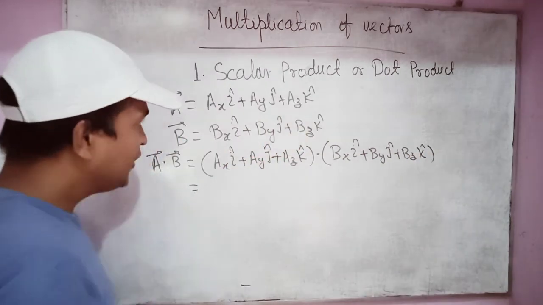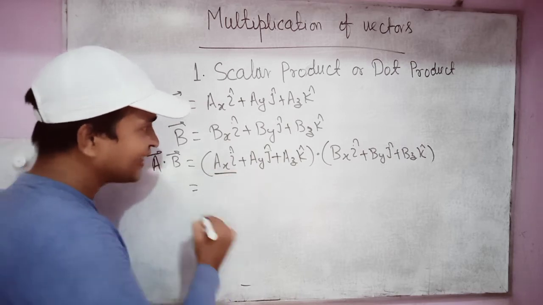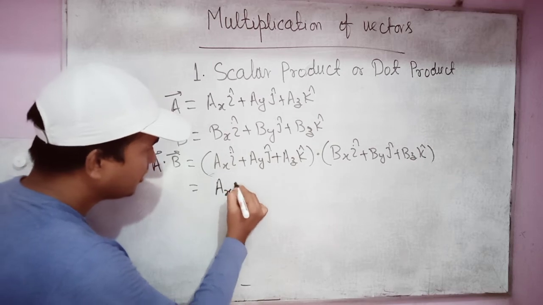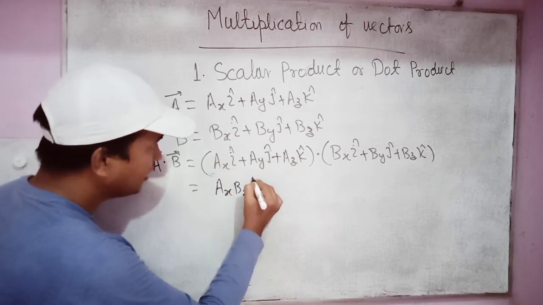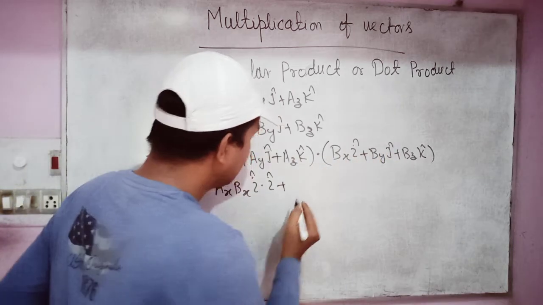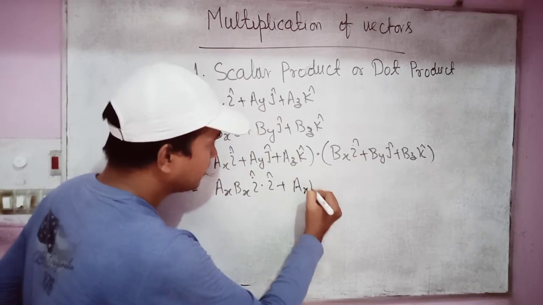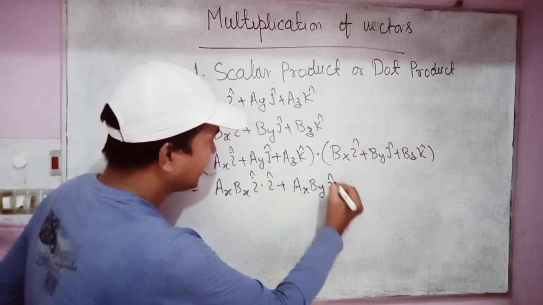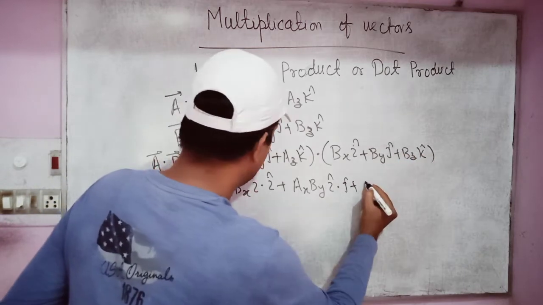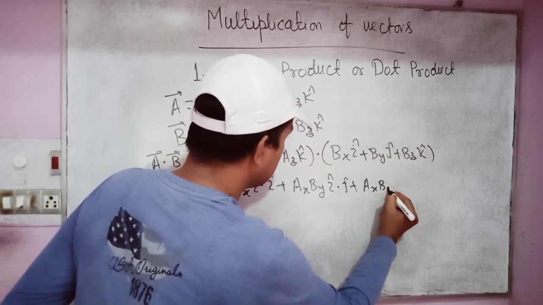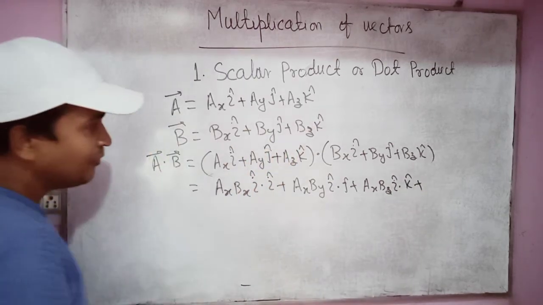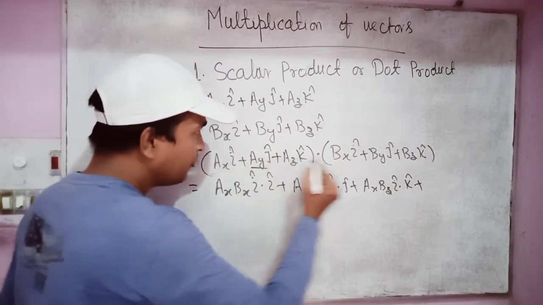Now we will find the dot product of this ax i cap with all these, and this is equal to ax bx i cap dot i cap, plus ax by i cap dot j cap, plus ax bz i cap dot k cap, plus. Now we will find the dot product of this term with all these.